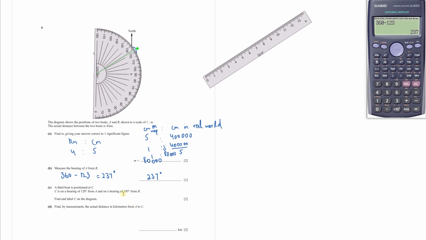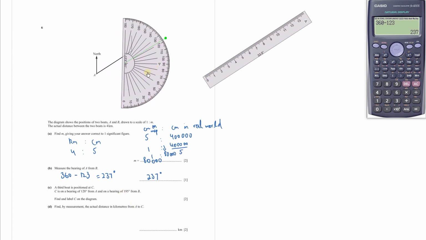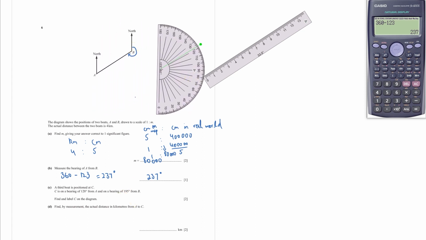And then I have to measure 195 degrees from this point B. So let's erase this as well. Since my protractor goes up to 180 degrees, there are two options. I can extend this line below, which will give me 180, and then measure 15 degrees more towards this side. Or I can go from this side.